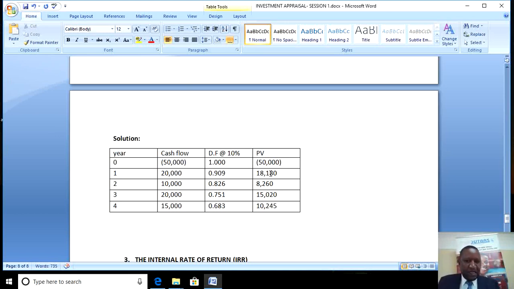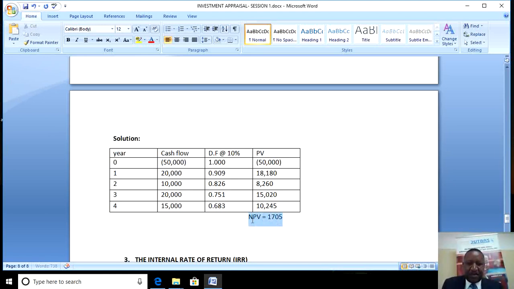So net that together by adding the positive cash flows, the cash inflows, then subtract the cash outflow. When you do that, you should have your net PV of 1,705.